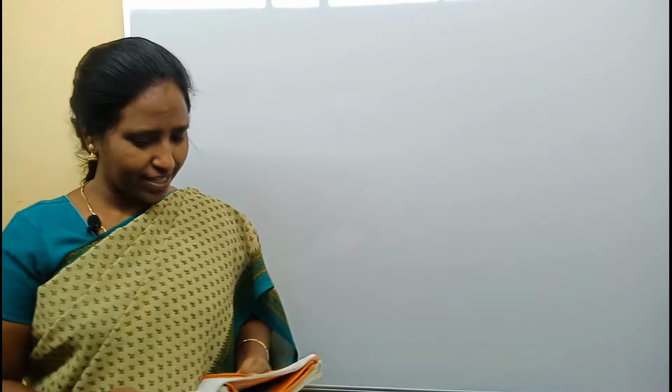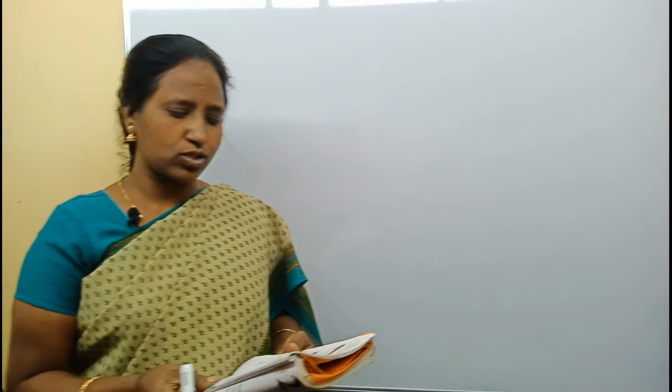And the project work given for this particular unit is: observe any 5 families in your neighborhood and draw your conclusions, advantages and disadvantages of living in a joint or nuclear family.